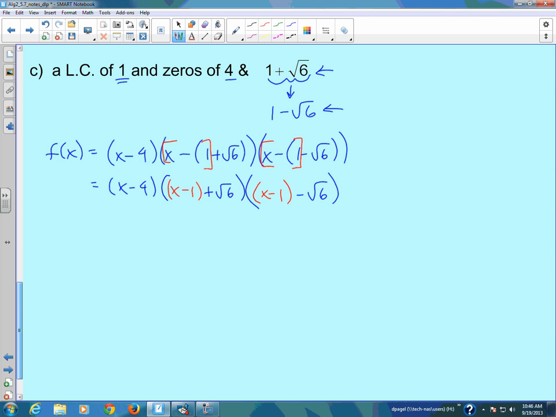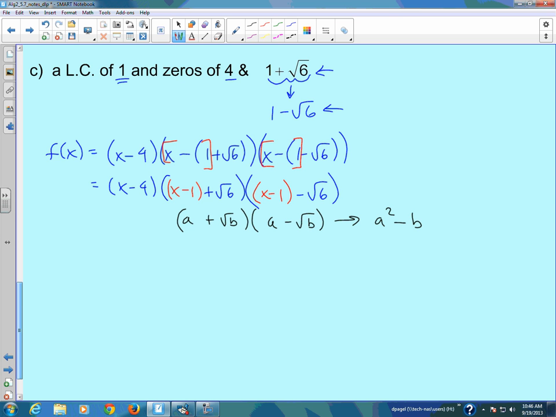And we see our irrational conjugates here. So this again is like saying a plus the square root of b, and this one over here is saying a minus the square root of b. And when we multiply those two together, we get a squared minus b.